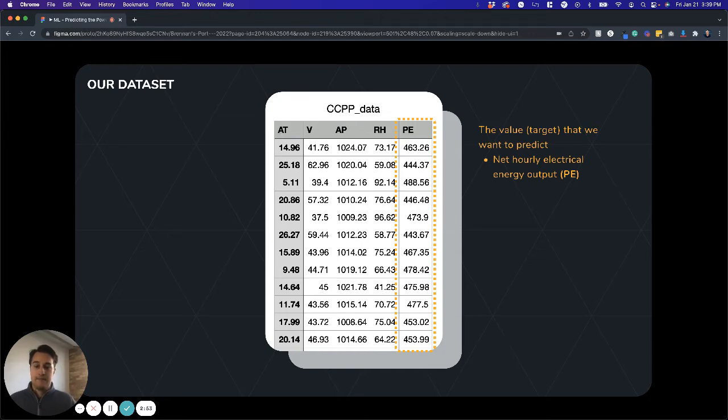The AT here is the ambient temperature for a particular power plant. The V is the exhaust vacuum. The AP is the ambient pressure. The RH is the relative humidity. And the PE is the net hourly electrical energy output. This is actually the target feature we'll be looking to predict here.